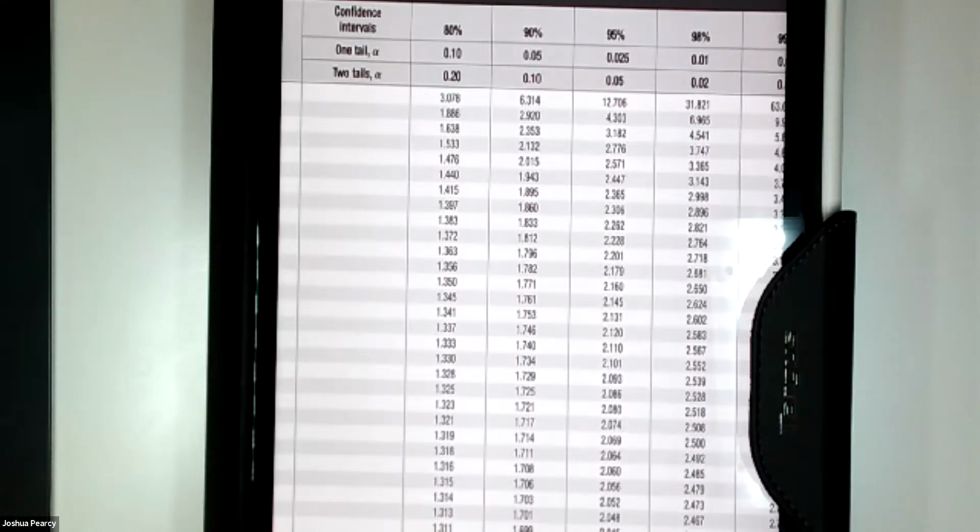So negative t alpha is negative 1.415. And since it's a left-tailed test, you reject the null hypothesis if you get a t-test statistic less than the critical value, which is less than negative 1.415.